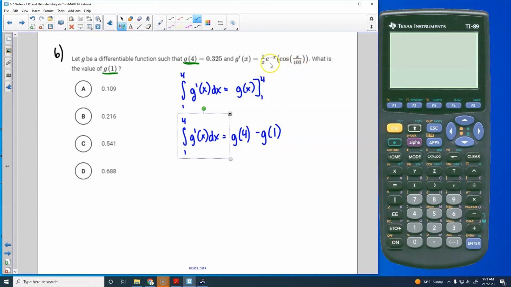And so this, definitely we got to use the calculator for that. We do not know how to integrate that, nor will we ever know how to integrate that by hand. Or at least not under my instruction. If there's a way, I'm not aware of it.